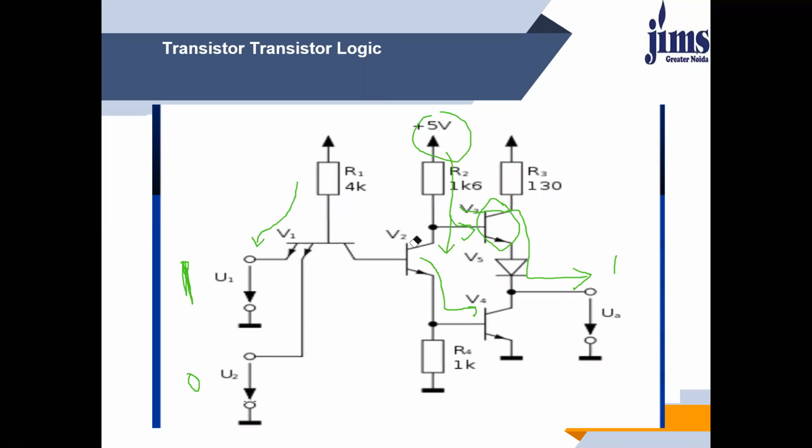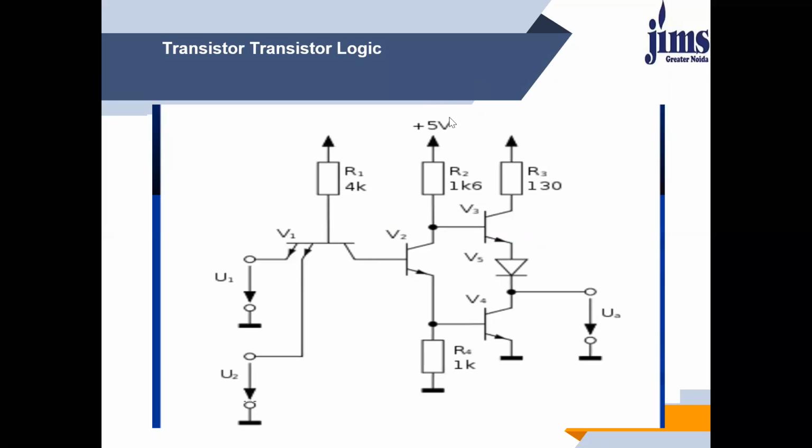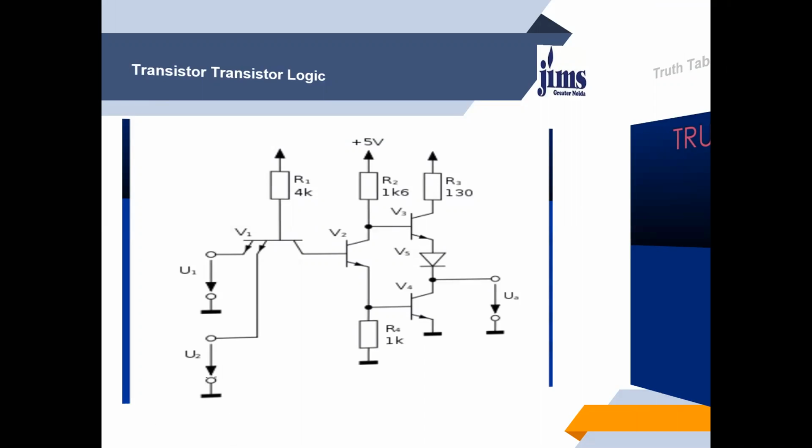If no current flows, then this transistor will not work, so the connection will get removed. Now if the connection gets removed, then output will be passed from here to here. So in this way, we can check the working for all the inputs. Is it clear? So this is the way we define TTL.